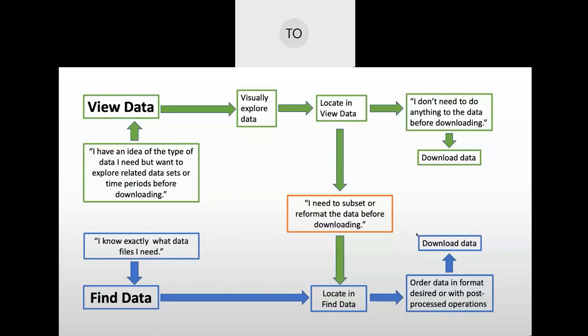Essentially, you can locate your data by exploring it in View Data, and then go over to Find Data and order that specific data if you need it in a different format. Otherwise, you can stay with View Data and download it all there as well, but it won't be able to be reprocessed in some of those post-processing operations that Find Data offers.